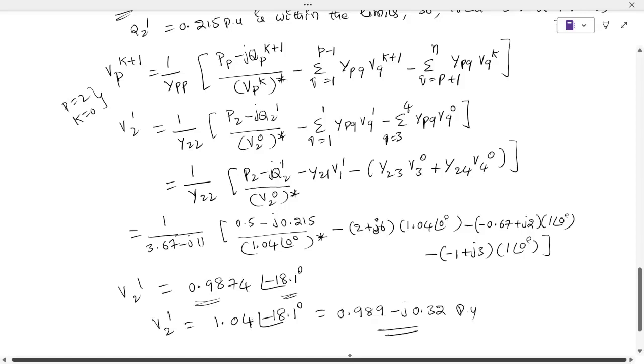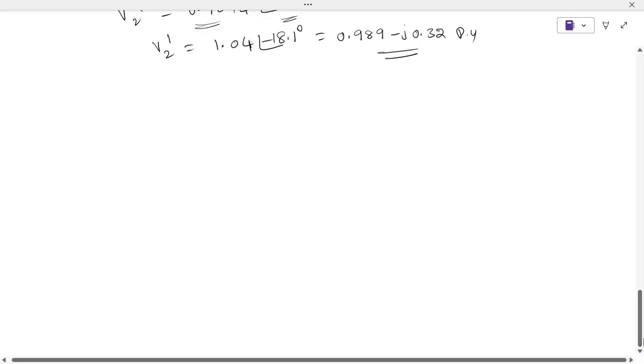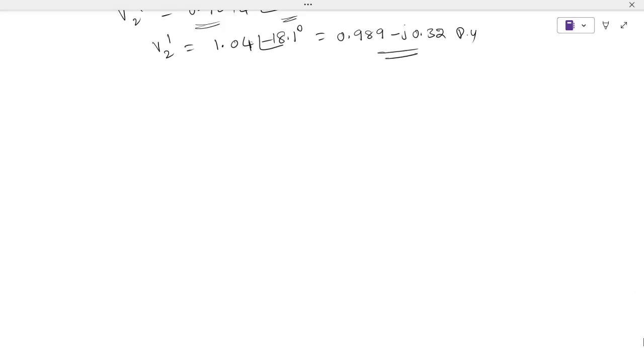This value you have got, but this is not required, only 1.04 we have to consider, and the angle as such you have to take. So finally we got this value. So now V2 calculation is over. Now see this, what is remaining in the problem? We need to calculate V3 and V4 values also.